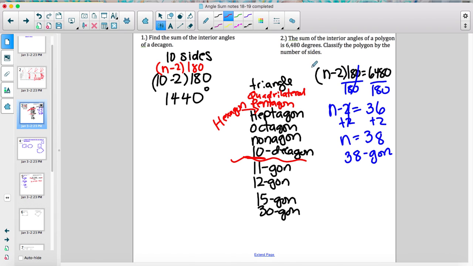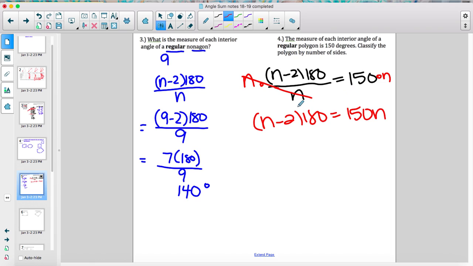We could have distributed though and solved, and that's what we're going to do here on example 4. We're going to distribute the 180 times both terms in the parentheses because of the n that's now attached to the 150. So when we distribute, we get 180n minus 360 equals 150n.